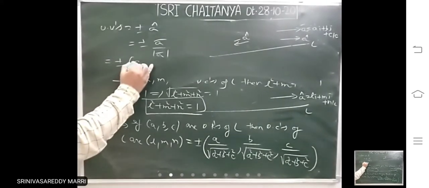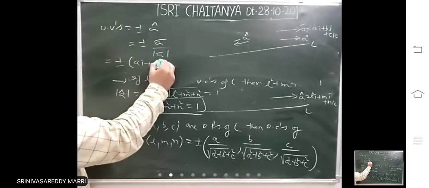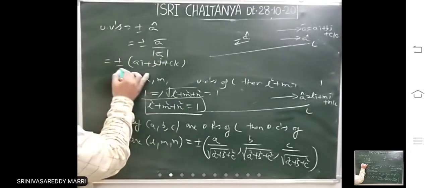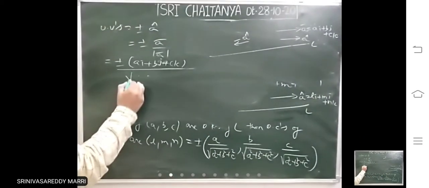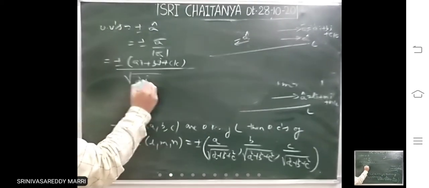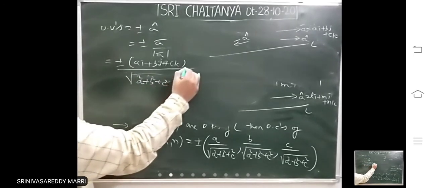Plus or minus A bar is AI plus BJ plus CK divided by root of A square plus B square plus C square.